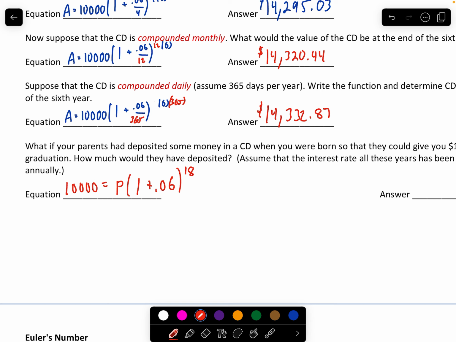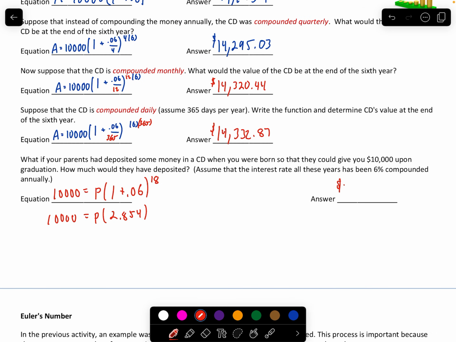All right, so the first thing we probably want to do is figure out what 1.06 to the 18th power is. I'm getting about 2.854. And then we can divide that 10,000 by that number. And we should get almost $3,000, $3,503.44.